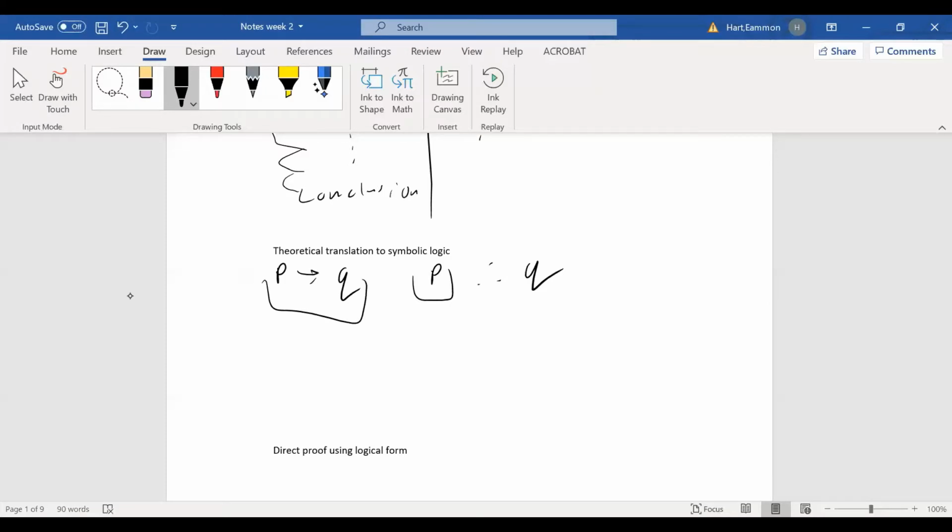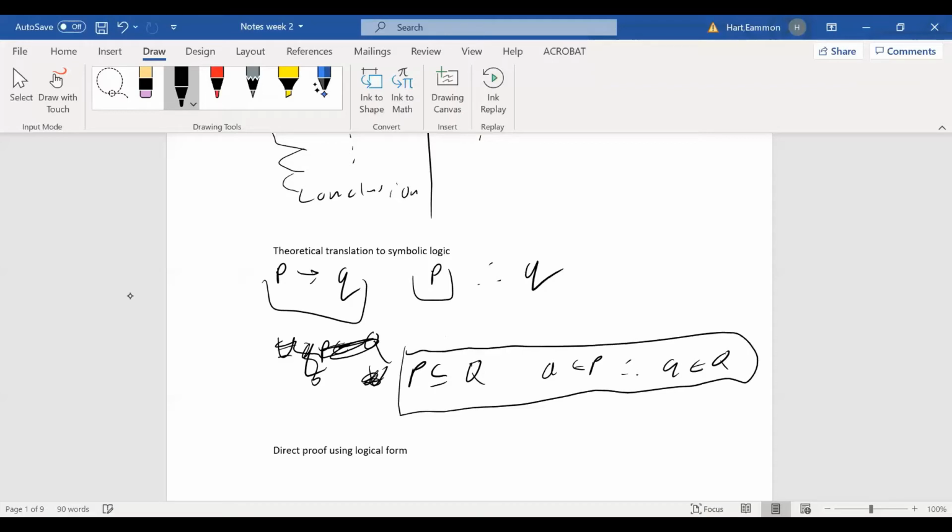You can also have it of the form all P are Q, that P is a subset of Q. A is an element of P, therefore A is an element of Q. One classic argument where this comes up is all men are mortal, Aristotle's a man, therefore Aristotle is mortal, where this would be the collection of humans, this would be the collection of mortal things, things that die.